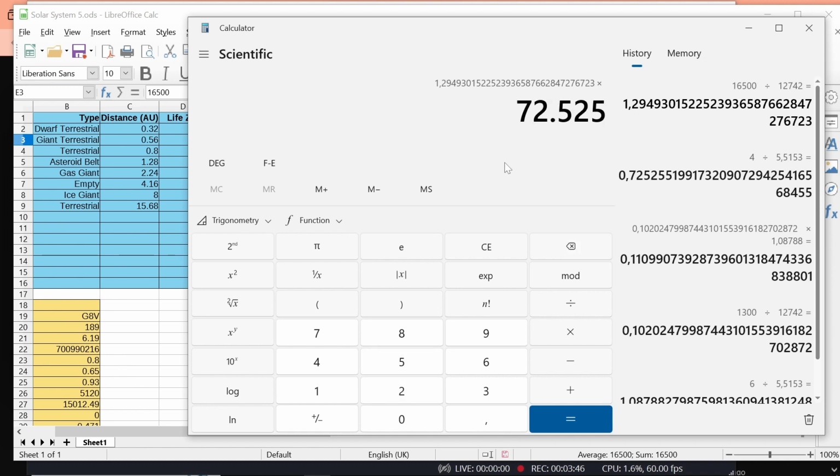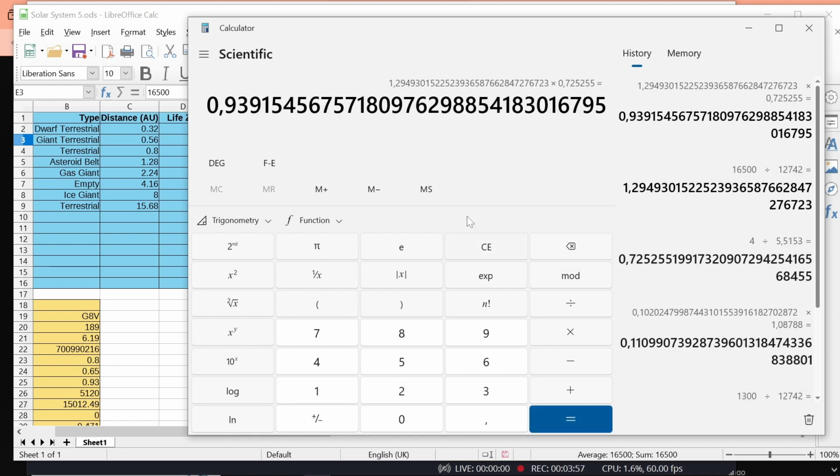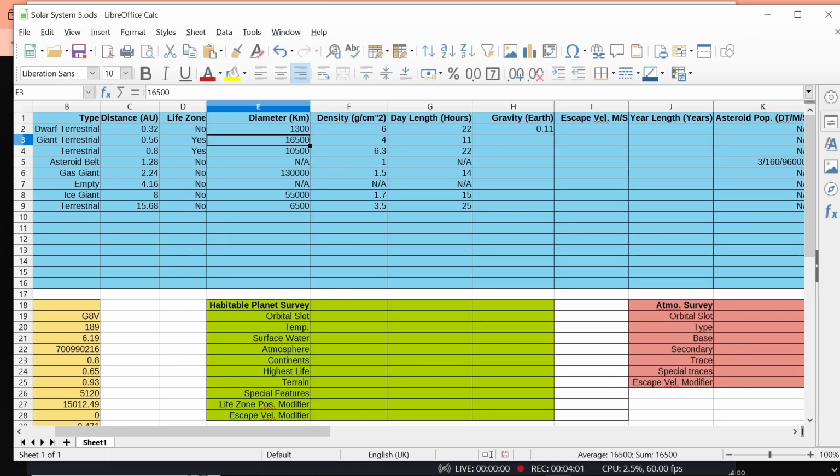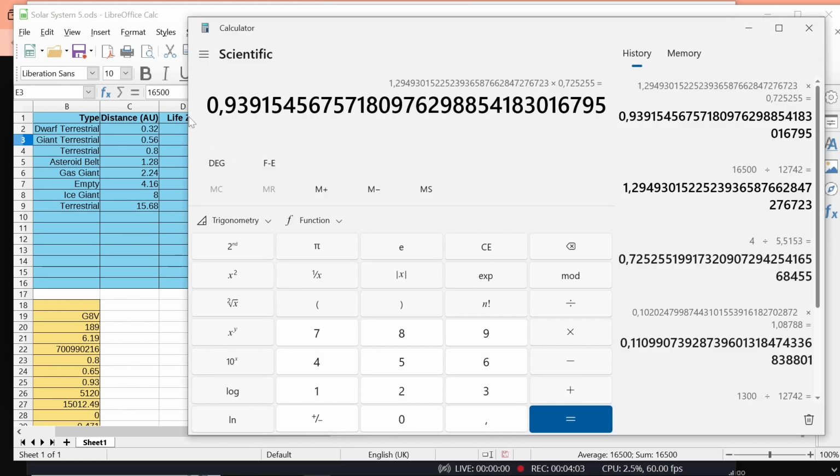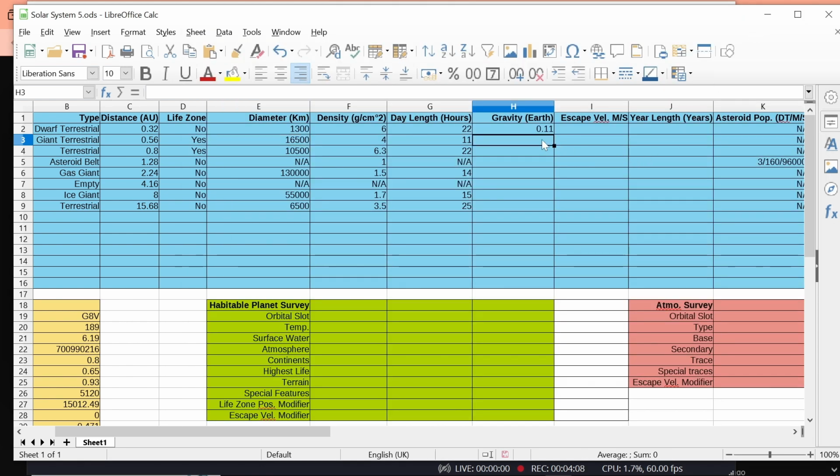Oh, I didn't put a point. 0.725255 equals 0.93. That's the gravity for, wait, I've got to round these numbers, 0.939. I'll put 0.94.